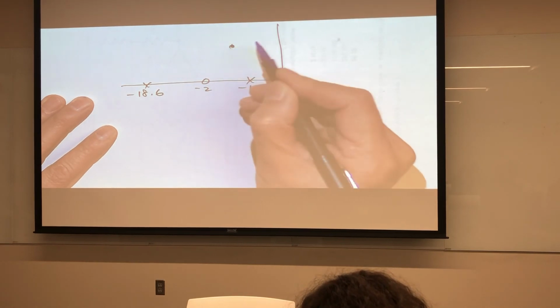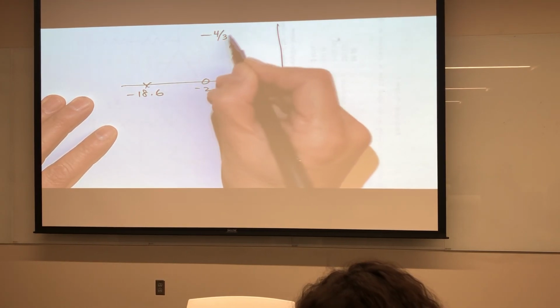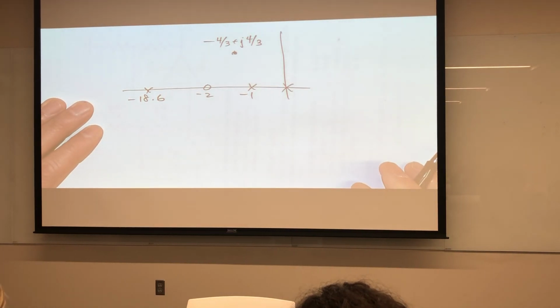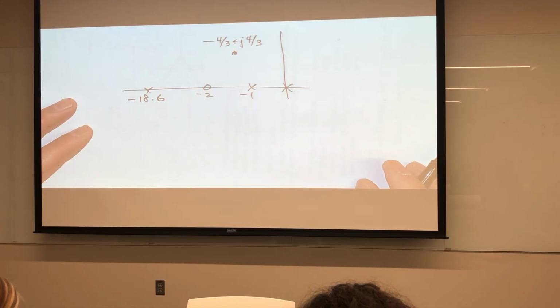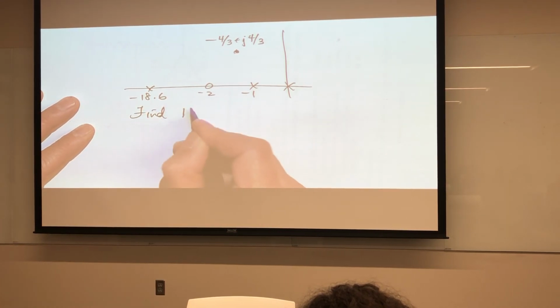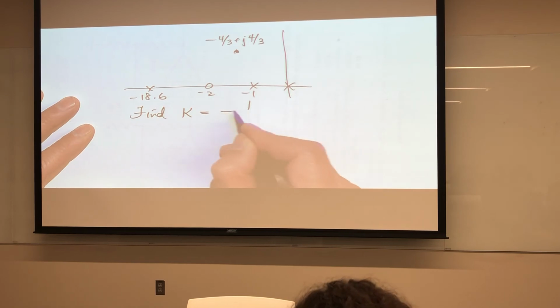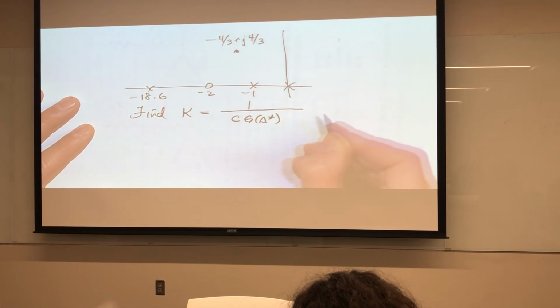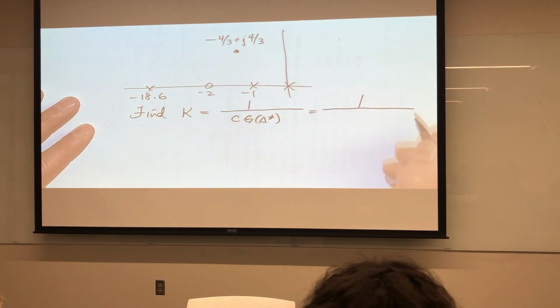And now what we want to do is, if we've done things right, we have to design K. K is now 1 over C G of S star, and everything is known now.